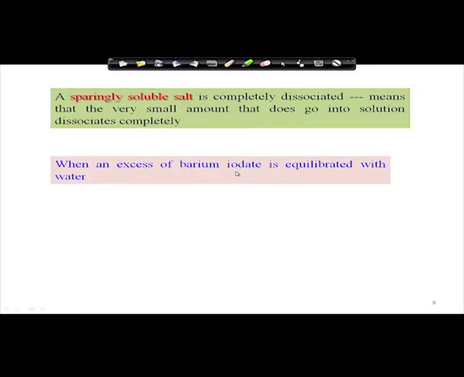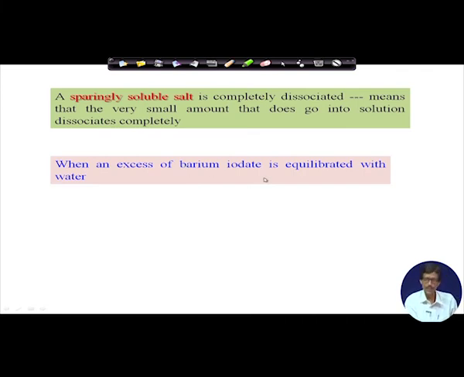Barium sulfate forms as a precipitate, yet some amount of barium ion is still there along with the sulfate. In the same way, if we take solid barium iodide and try to dissolve it in water, the question is how quickly equilibrium is reached due to the dissolution of that barium iodide.